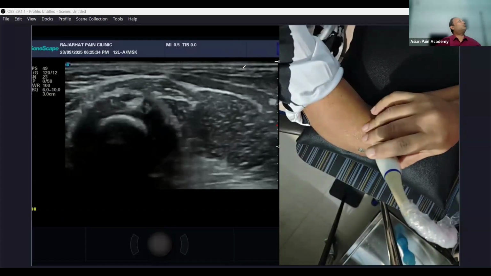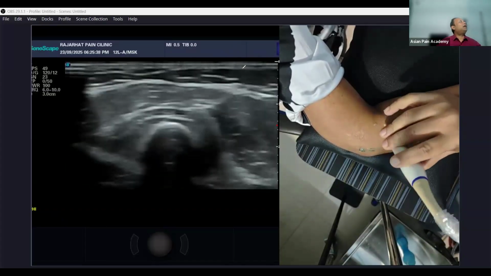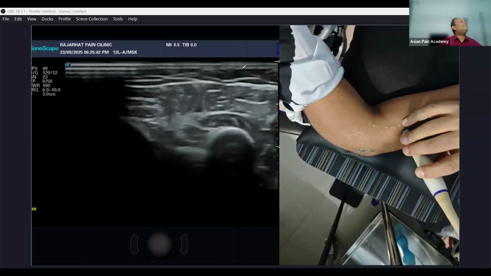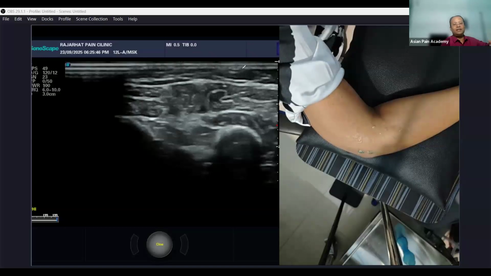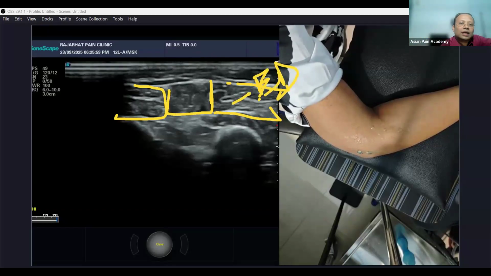As soon as I have understood where the extensor digitorum is, I will go a bit down like this. In this area, I can see three bellies of muscle: one is this, one is this, and one is this. This is the extensor digitorum, as I told you.